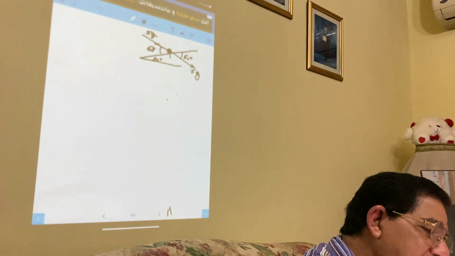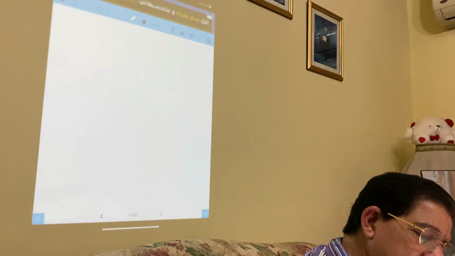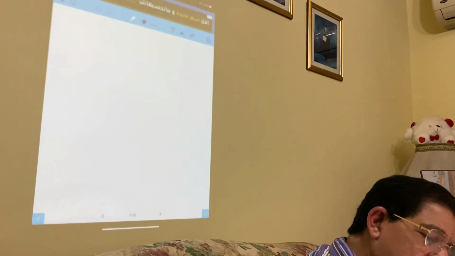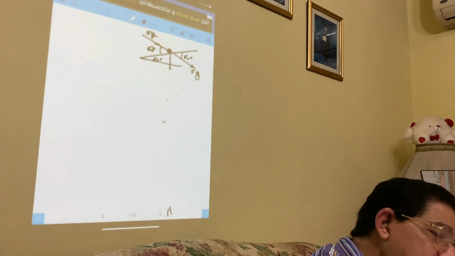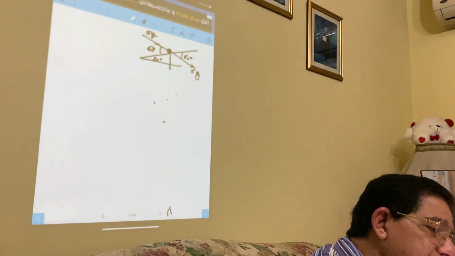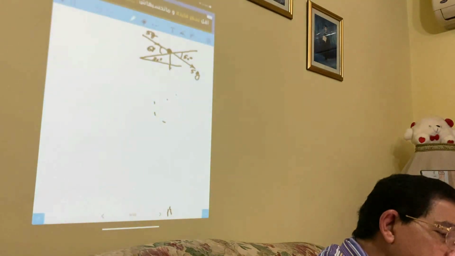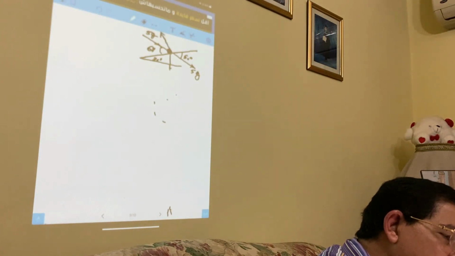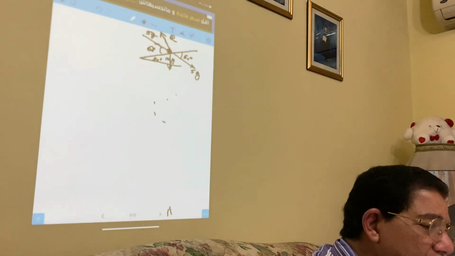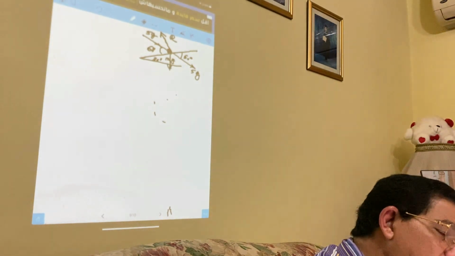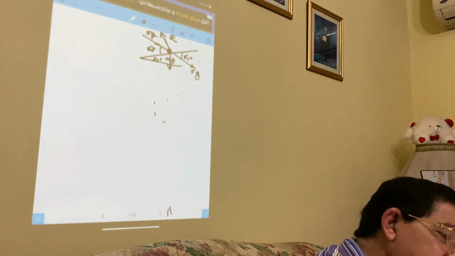The weight of the particle is mg, and the normal reaction is R. We are going to resolve the forces in this direction and in this direction.